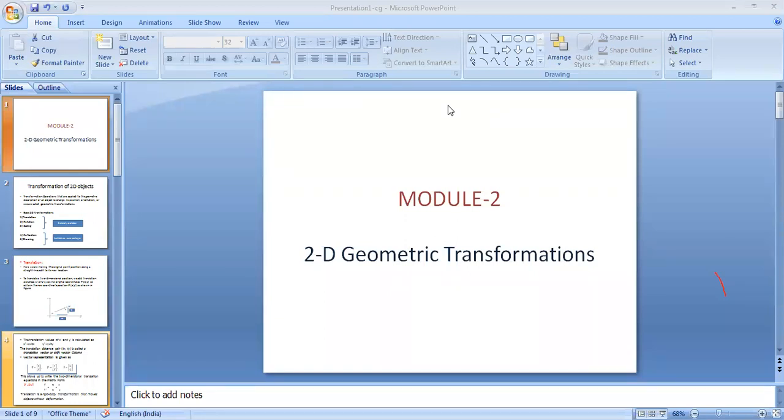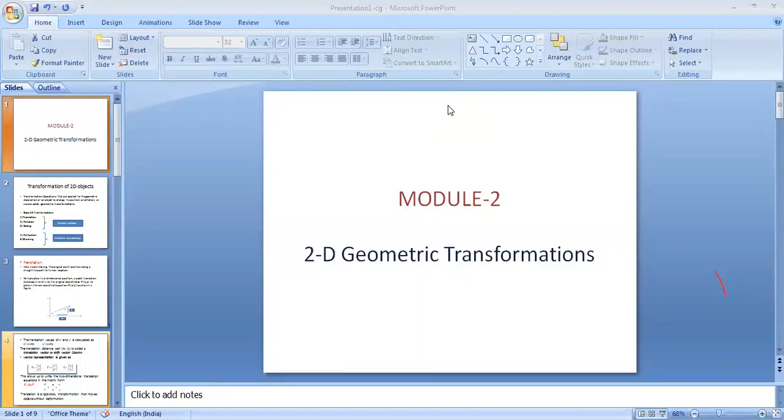So in the first module, we were interested in knowing how to write the basic primitives and the basic images that we require for graphics. The second module is about how to transform those images that we have written in the first module.